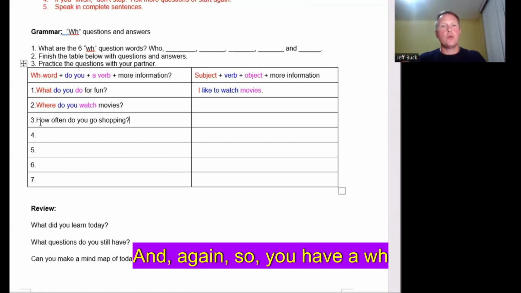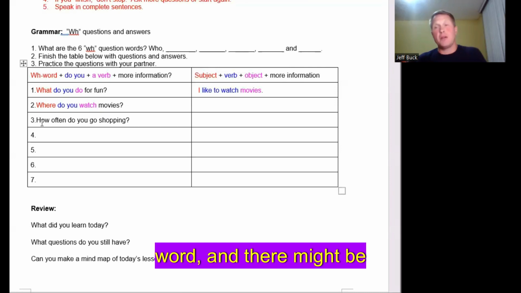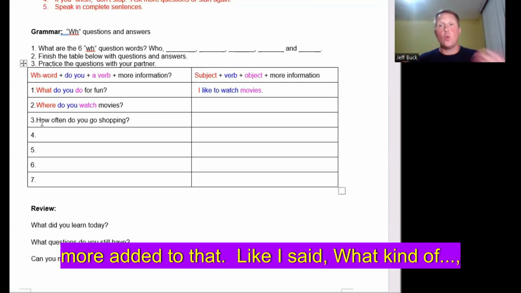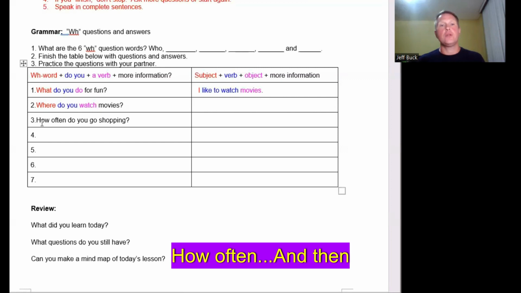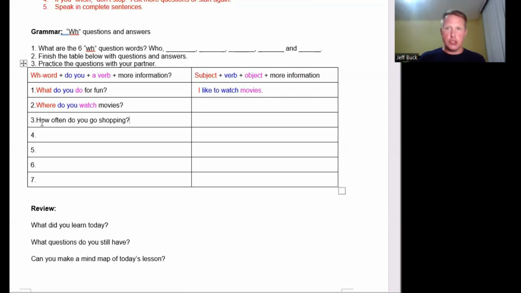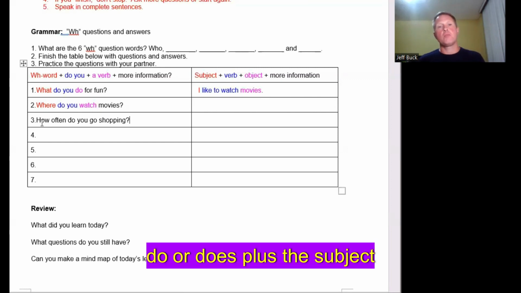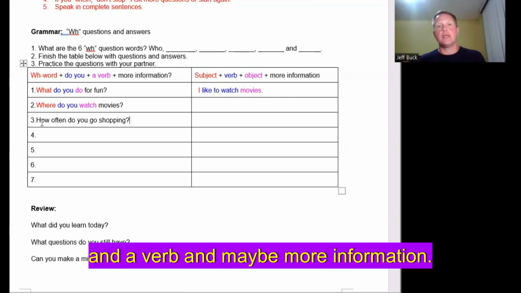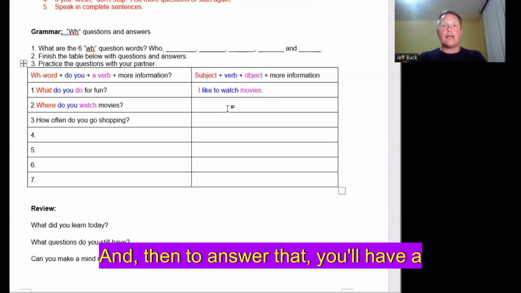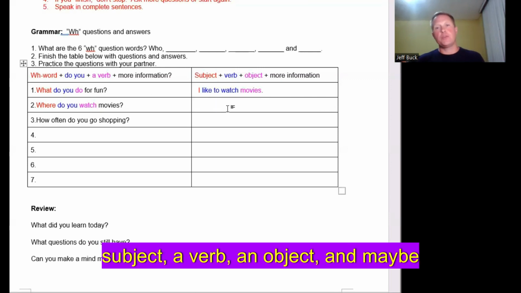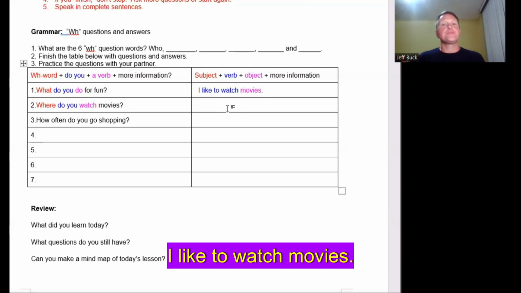Okay, again, so you have a WH word, and there might be more added to that. Like I said, what kind of, how often, and then do or does plus the subject and a verb and maybe more information. And then to answer that, you'll have a subject, a verb, an object, and maybe more information. I like to watch movies.